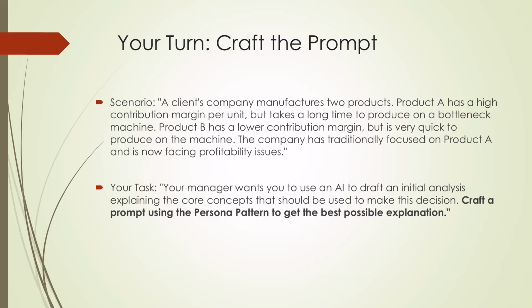The company has traditionally focused on product A and is now facing profitability issues. Your task is this. Your manager wants you to use an AI to draft an initial analysis explaining the core concepts that should be used to make this decision. Take a few minutes now to craft a prompt using the persona pattern to get the best possible explanation.